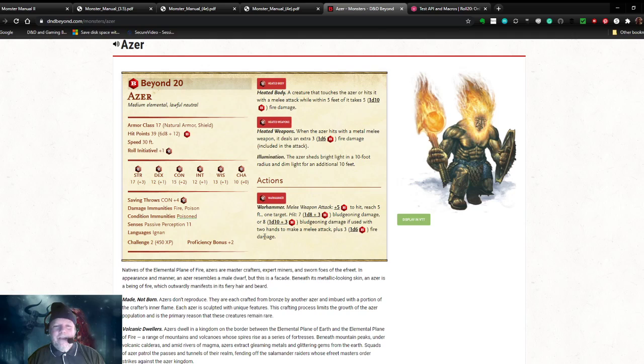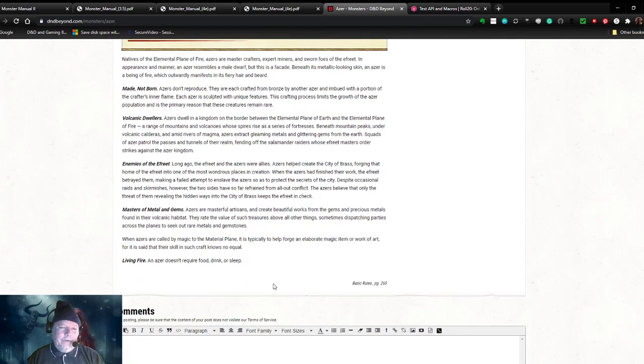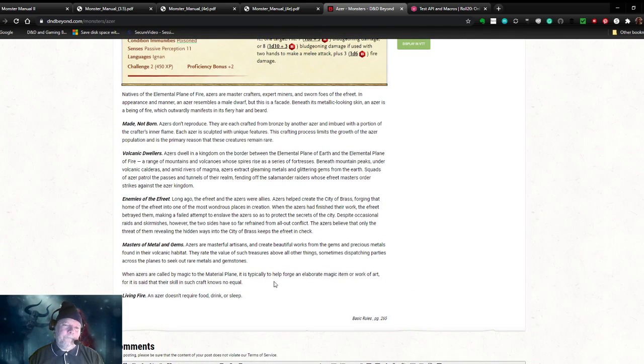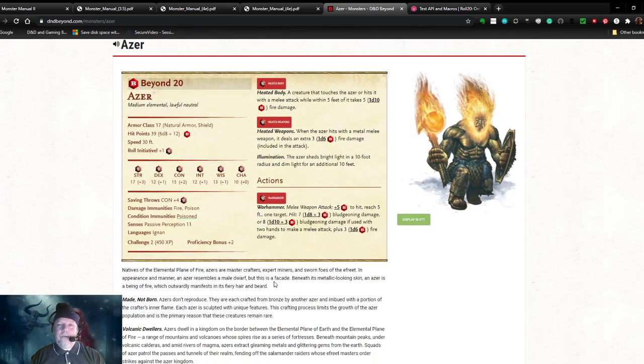And then they just go and attack with their Warhammer. They attack +5 for 1d8 plus 3 bludgeoning damage, plus an additional 1d6 fire damage. And then we talked a little bit about the lore of these Azers.